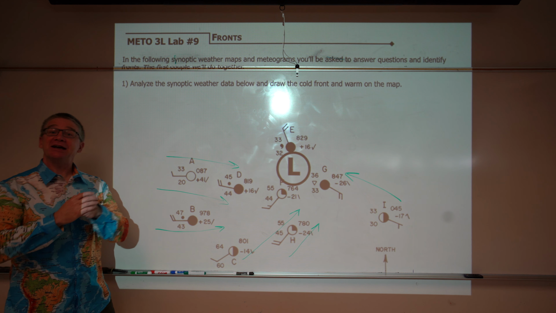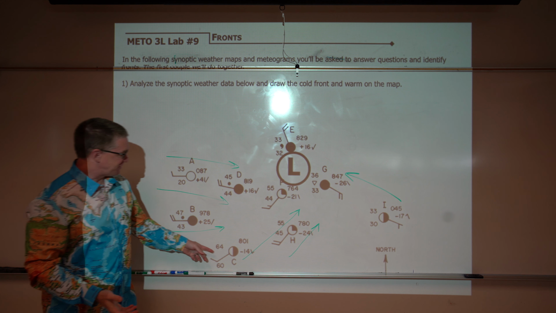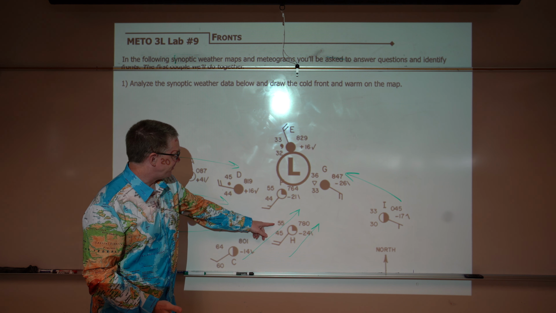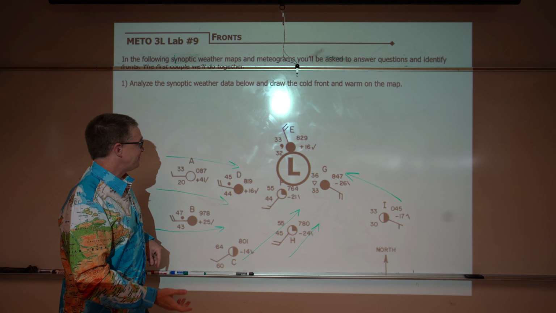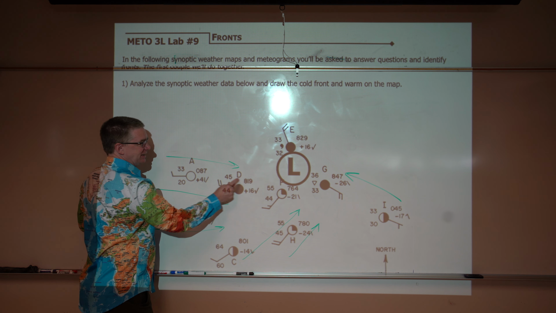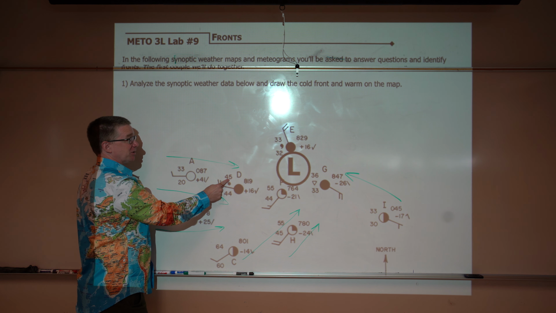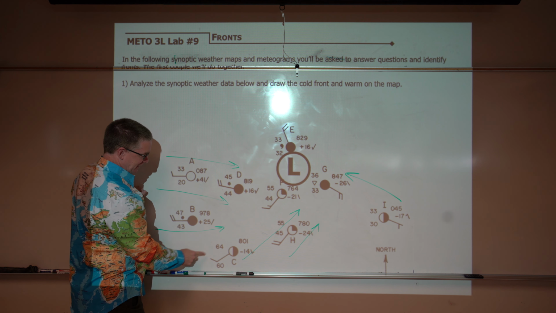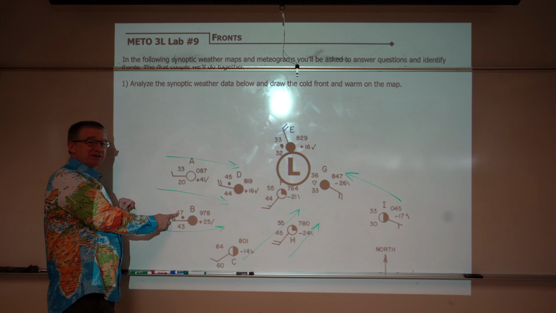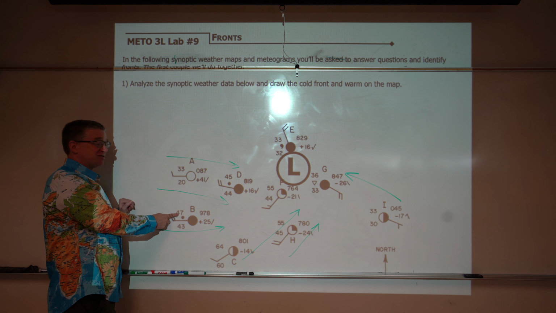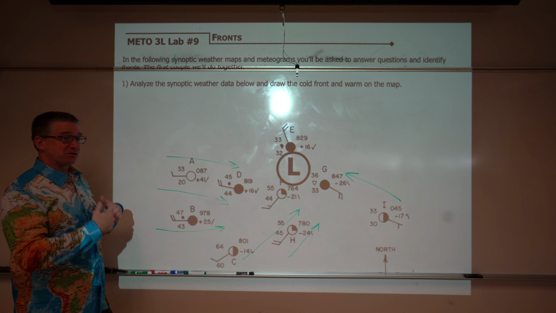Now let's look at things like temperature. We've got 64 here, we've got 55, 55. And between here and here, I go from 55 to 45. That's a pretty big jump in temperature. Again, 64 here, 47 here. Pretty big change in temperature. Let's look at cloud cover.